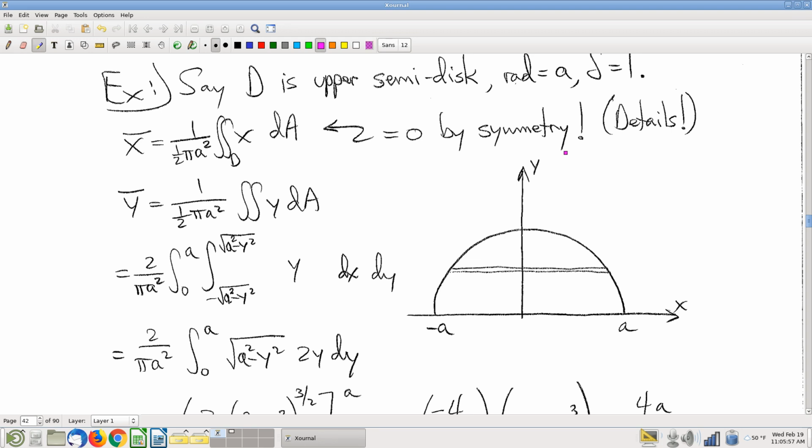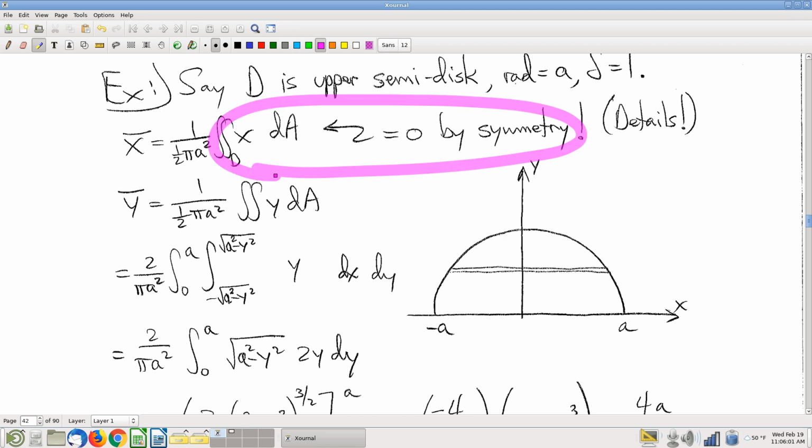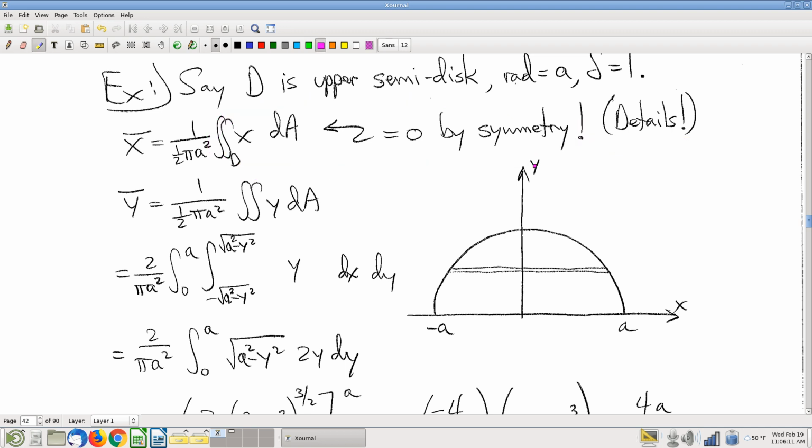By the way, I want to distinguish this argument here, with mathematical details describing that this mathematical construction of a double integral is zero by symmetry, from the physics argument of, well, can't you see it's the same on both sides and so it would balance.